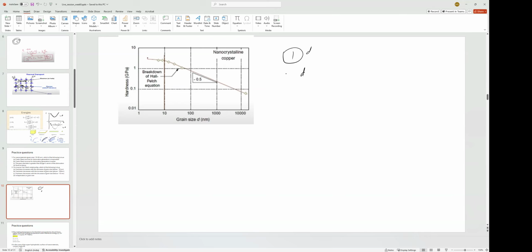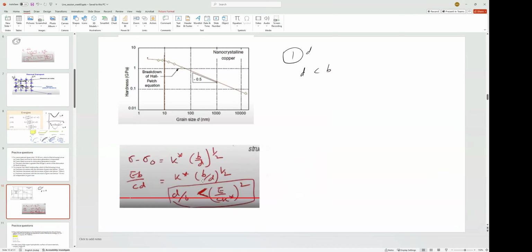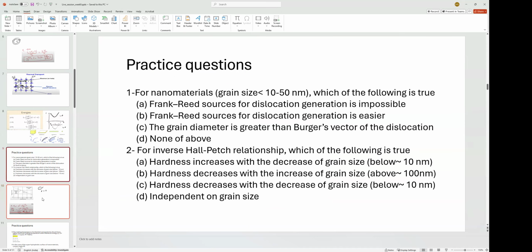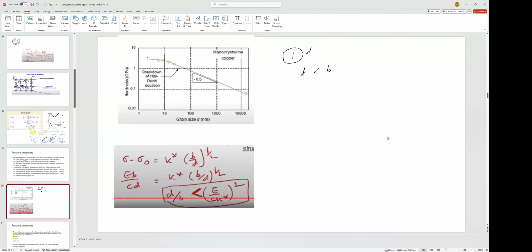So your particle diameter d is less than the dislocation spacing. If the ratio between these two is less than this, what will happen is that the primary dislocation sources, the sites where dislocations are formed, are affected. In the case of larger particles, as you apply strain, the dislocation starts from this point and moves to this point.